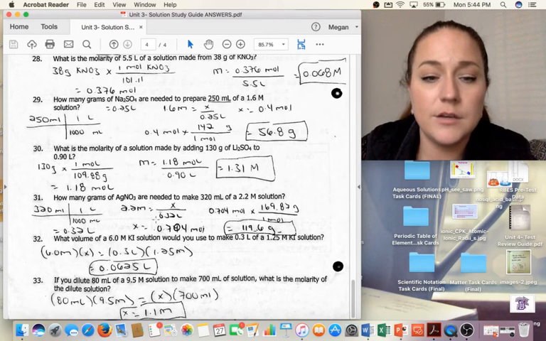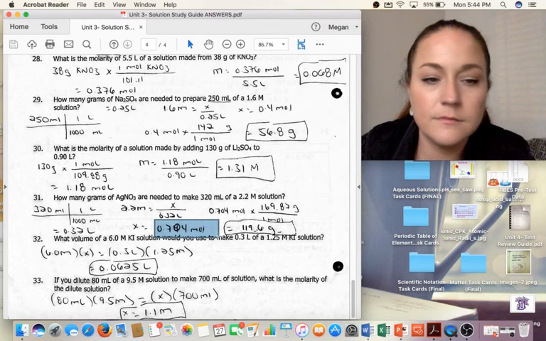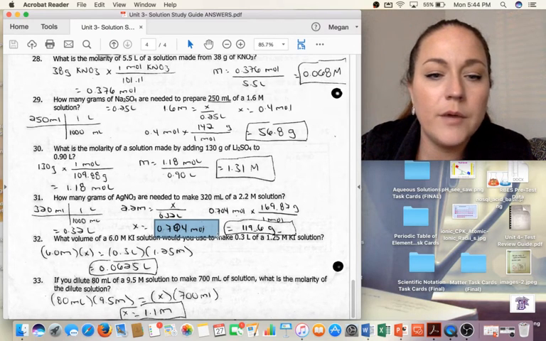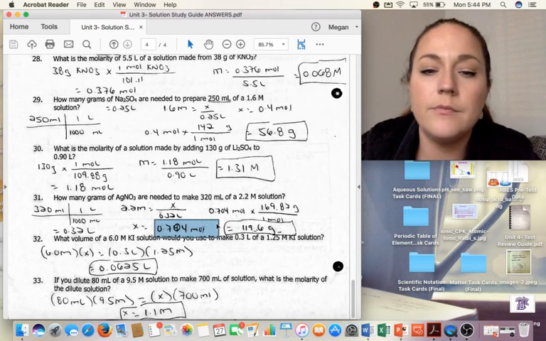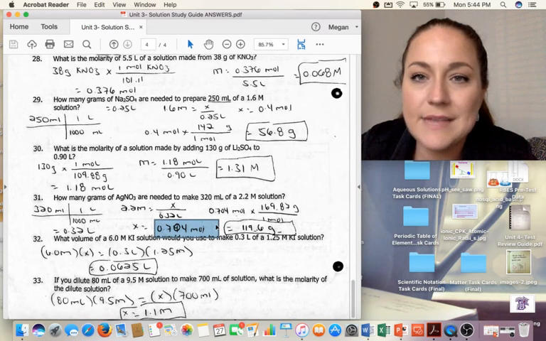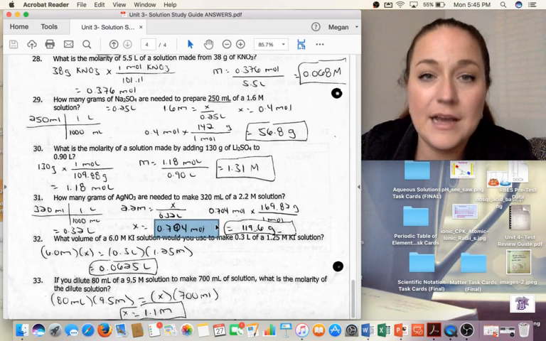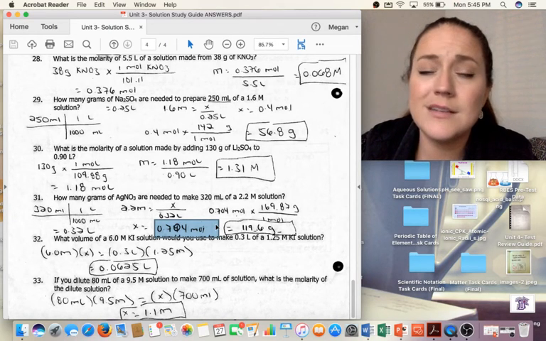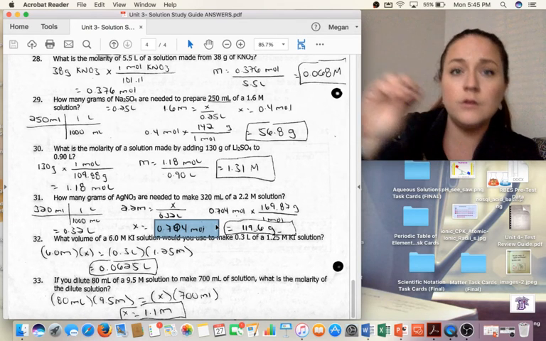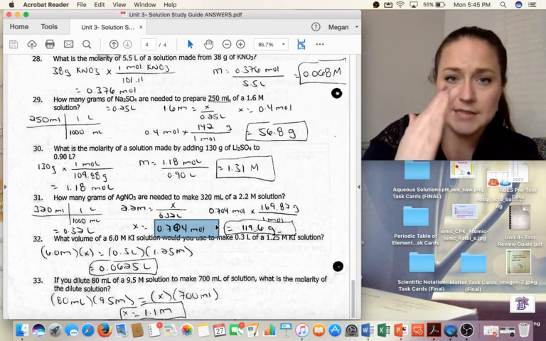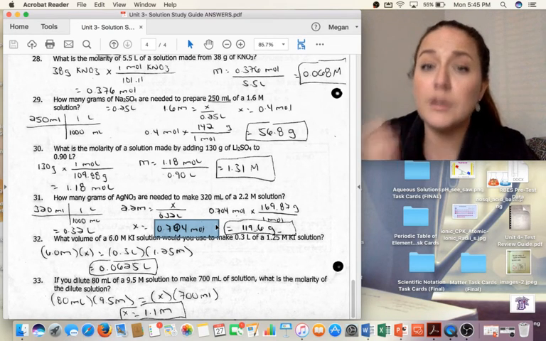That gives you 0.704 moles. Now, that 0.704 moles is not what you end up with. So you need to take it from moles to grams. So you're going from inside the pyramid to outside, so you're going to multiply.